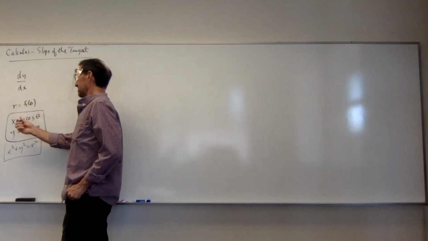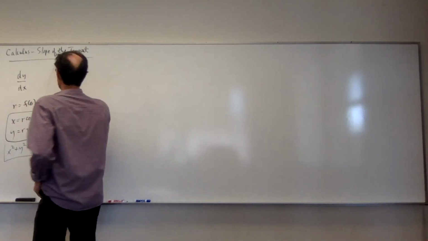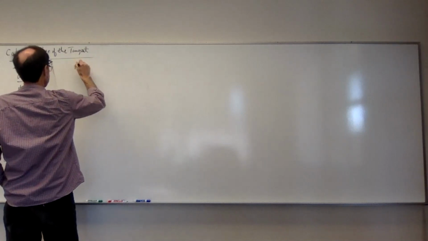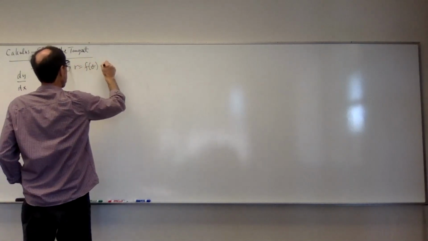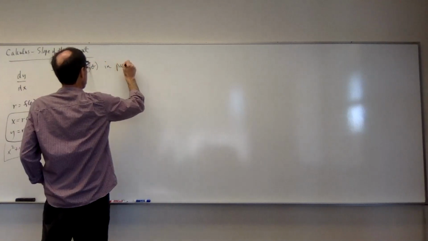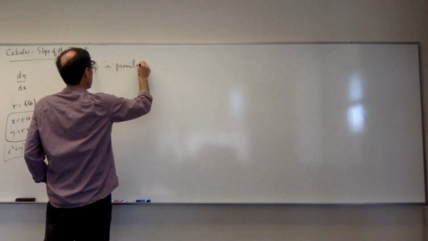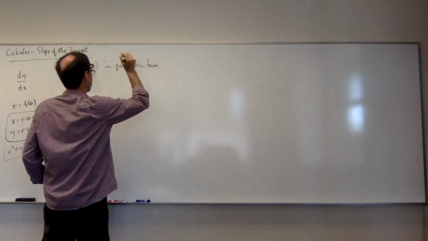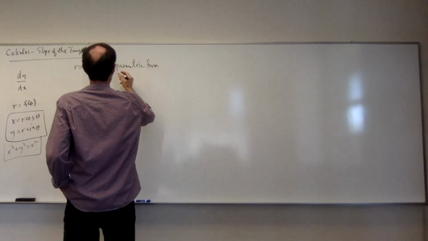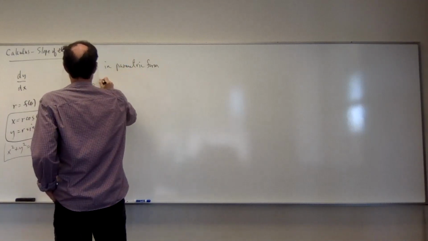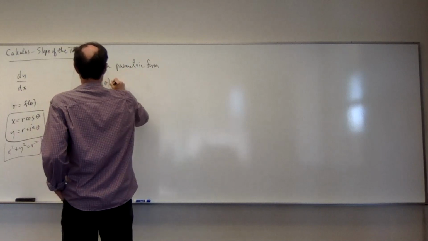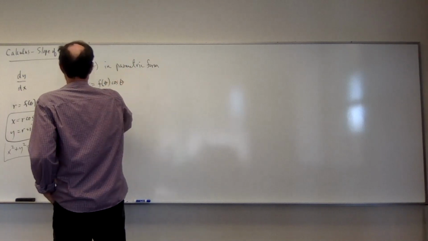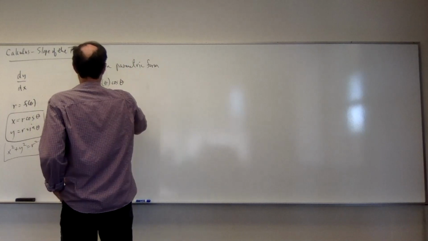All I have to do is slide my r value in right here and here, just substitute. So the polar curve in parametric form, and we do it because we already know how to find derivatives. Parametric form: x equals f of theta cosine theta, y equals f of theta sine theta.